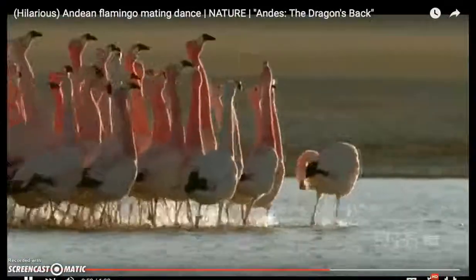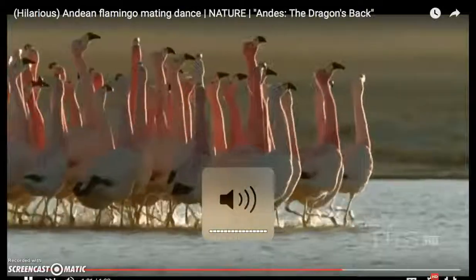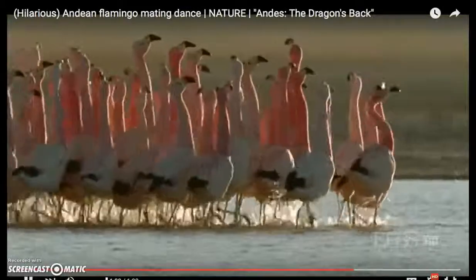These are Chilean flamingos, but wherever there are flamingos in the world, they do the same dance.